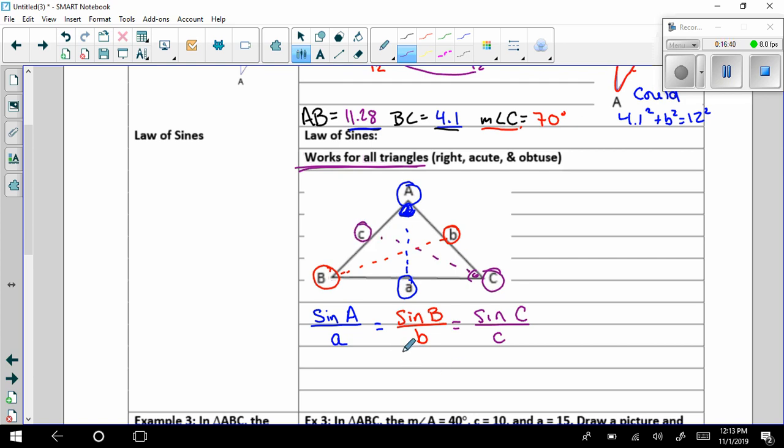Right? You can easily flip all of those over as long as you flip all of them. All right, and don't get lowercase and capital mixed up.